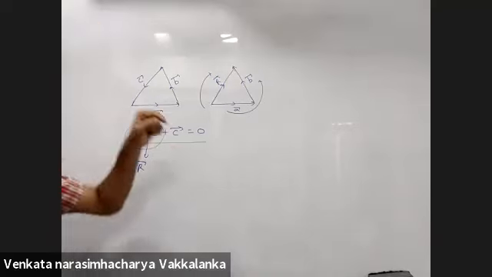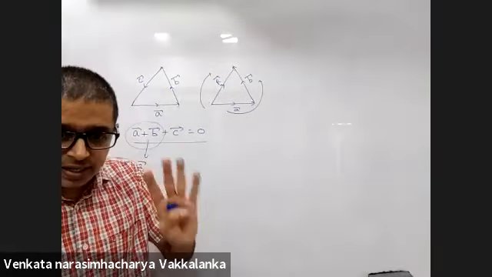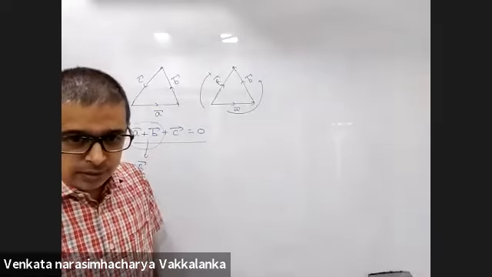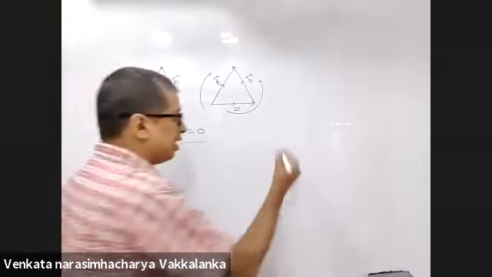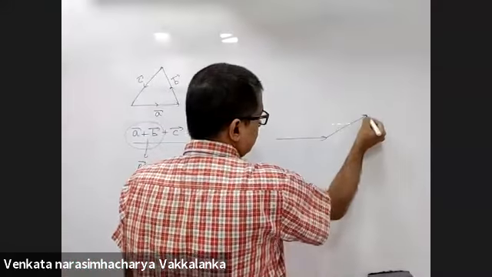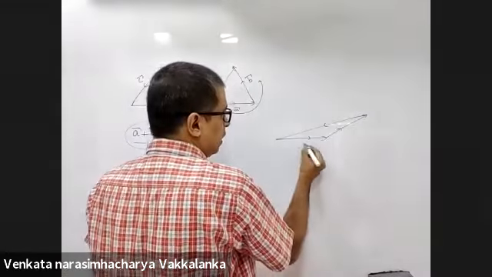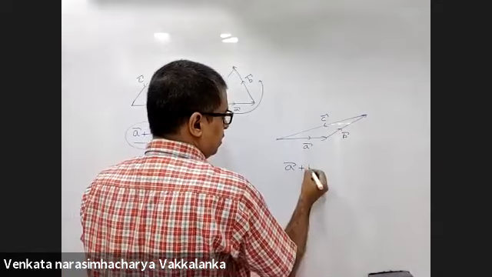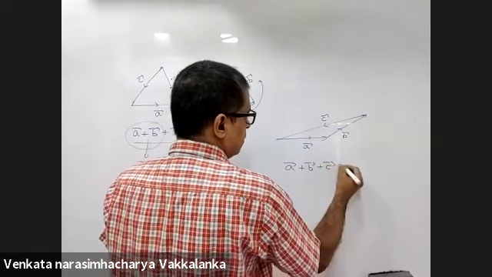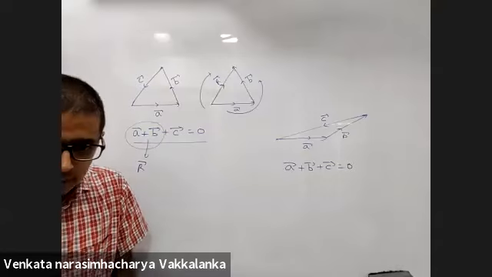So if three vectors are represented as three sides of the triangle taken in one order, somebody is saying 120 degree, you don't need 120 degree, any triangle will do. 1, 2, 3, even then the resultant is 0. A plus B plus C is 0. Nothing to do with 120 degree.